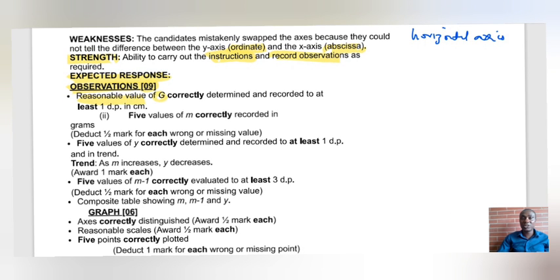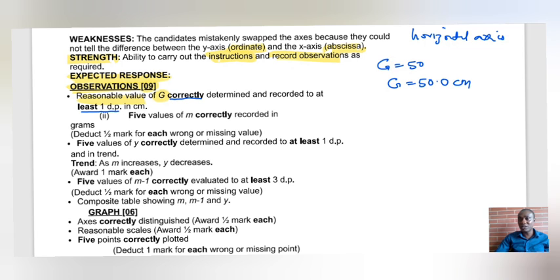A reasonable value of G. You can read through the question. They will ask you to record G, which is the center of gravity of that meter rule. It should be recorded correctly, determined and recorded to at least, very important, 1 decimal place. So if, for example, your center of gravity G is 50, this has to be recorded to at least G equals 50.0 centimeter.